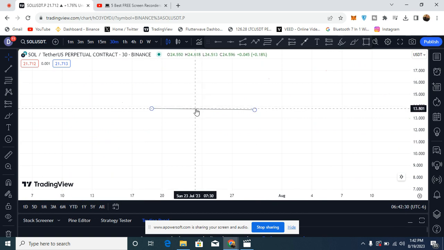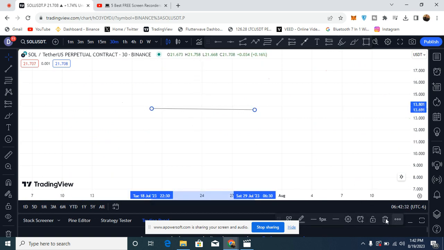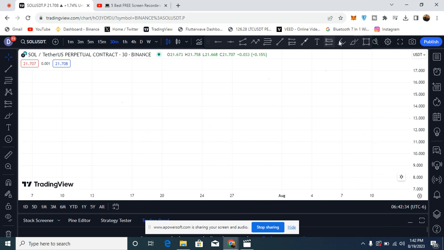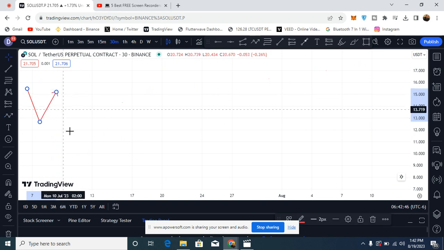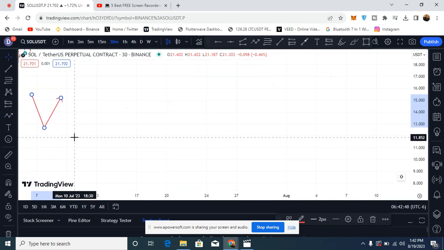Let's say we have a 4-hour downtrending market. When a market is uptrending, it creates a series of higher highs and higher lows, and in a downtrending market, lower lows and lower highs. But this is just a textbook example. Just as I told you, the market will not give you this look at all times.